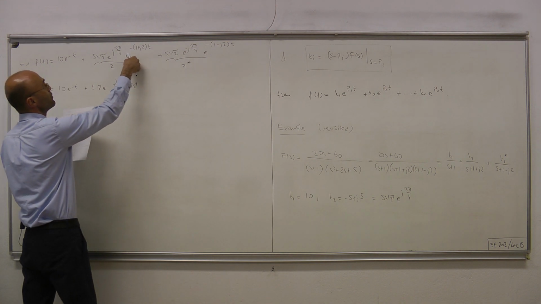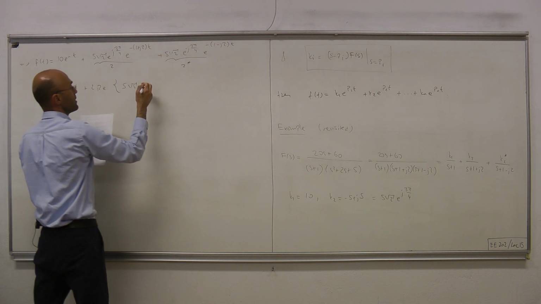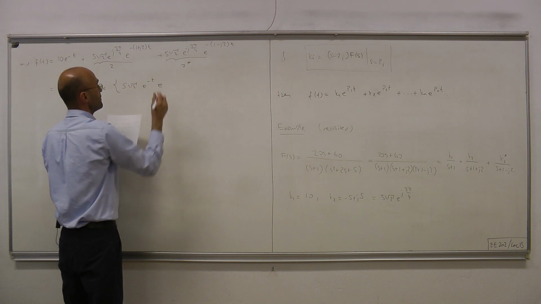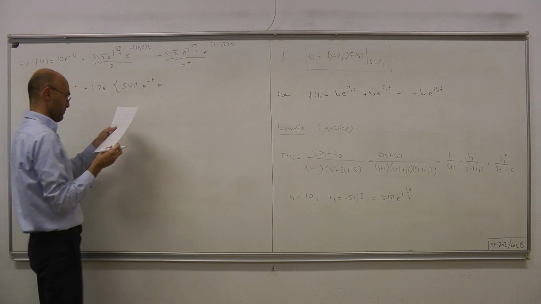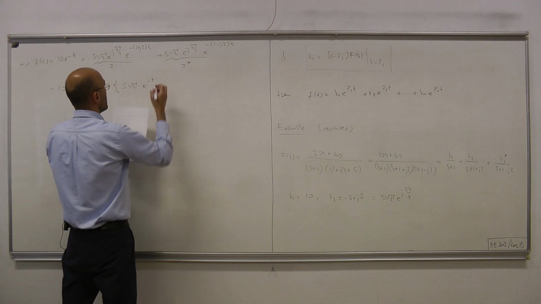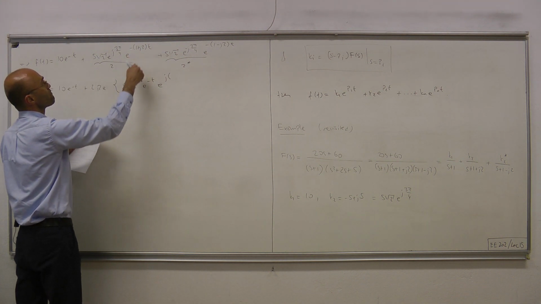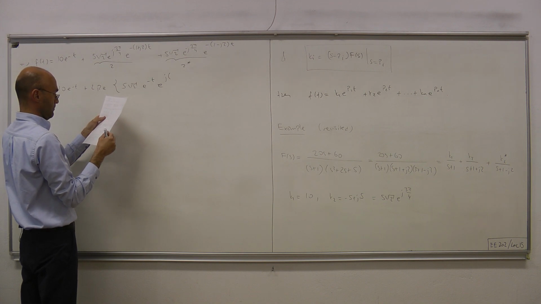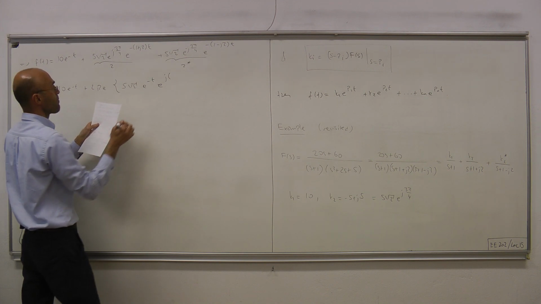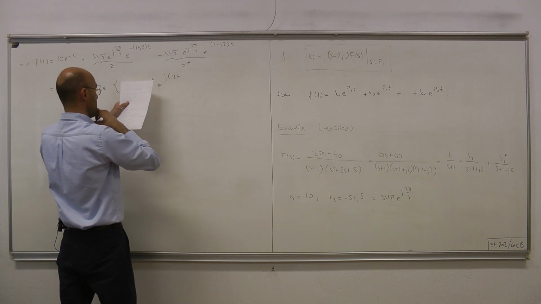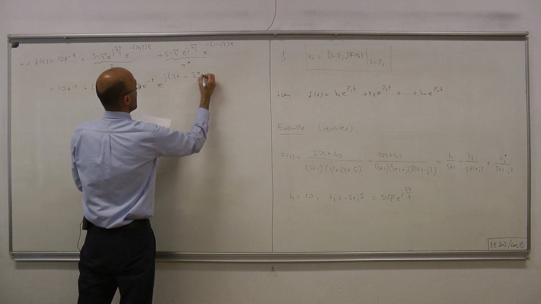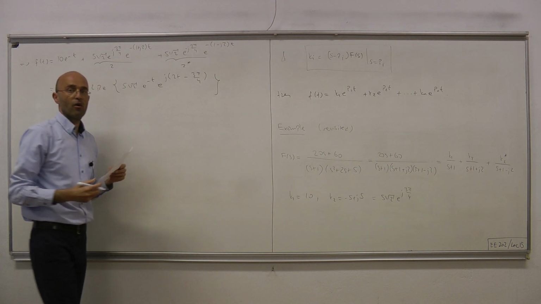So what we have is e to the minus t here, and then we have e to the j times 2t minus 3 pi over 4.